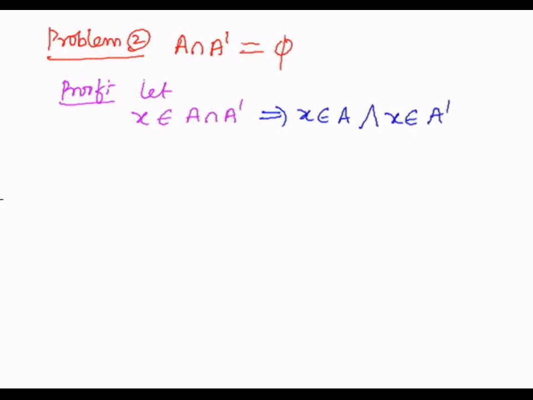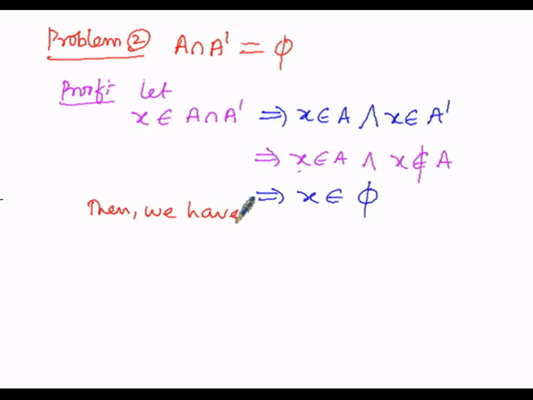Then the next logical step: that implies x belongs to A, and when we remove the complement, we write x does not belong to A. So here x is present in A and x does not belong to A. So here that means x will certainly belong to the empty set, that is phi. So from this it is clear that x belongs to the left hand side, that is A intersection A dash, implies x belongs to phi.